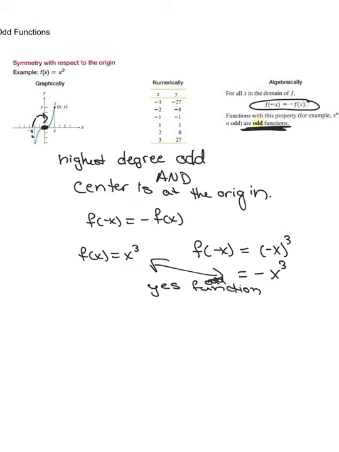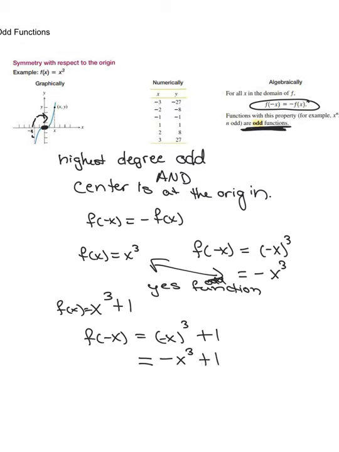Now I'm going to make this a little bit different. If I was to just shift this up one, it is no longer an odd function. And how I could tell that is if I put in a negative x, so that is negative x to the third, it's still plus 1. So now it becomes negative x to the third plus 1.